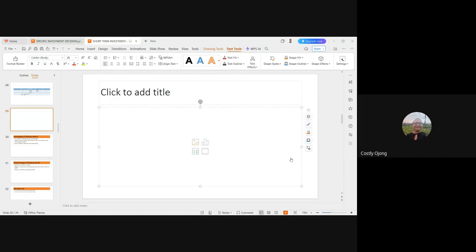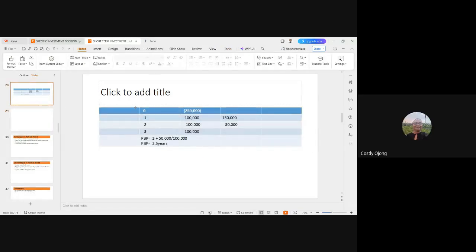I don't know how you got to 2.5 when we did it the other way, using the outlay of 250, 100, and then the last 100,000 that we couldn't give to the next year. We were left with 50,000. So 50,000 over 100,000, that's 0.5. So how did we get 2.5? 50 divided by 100, you have 0.5, isn't it?